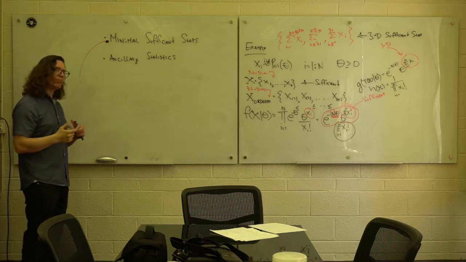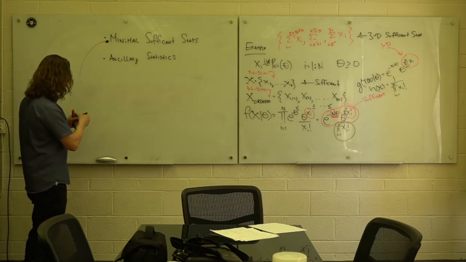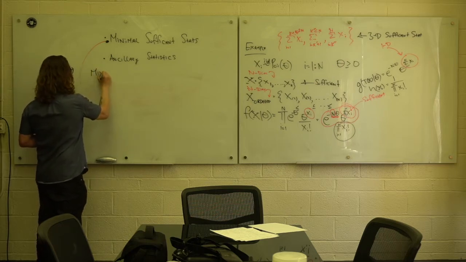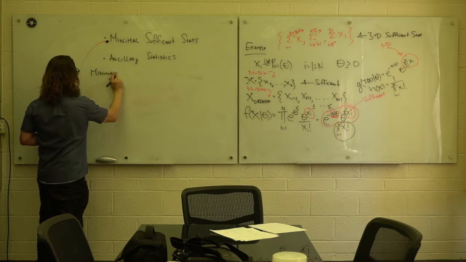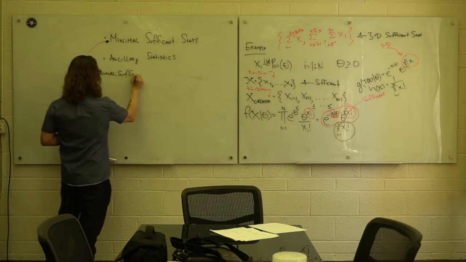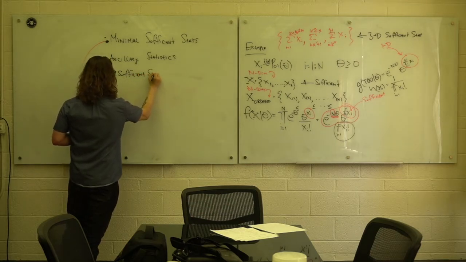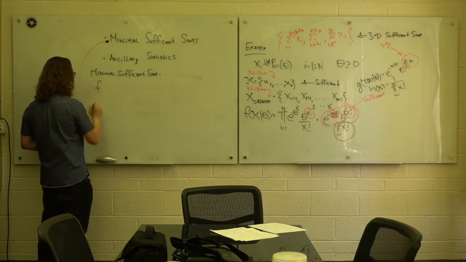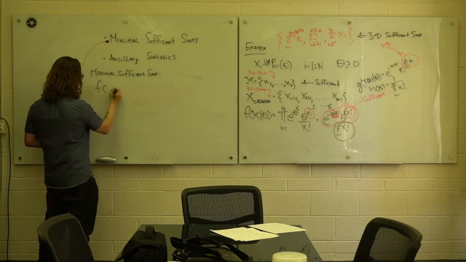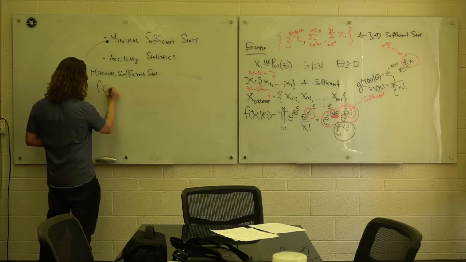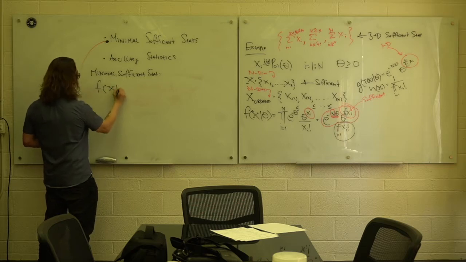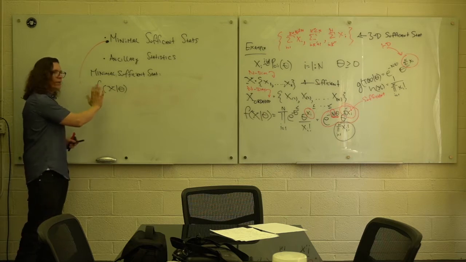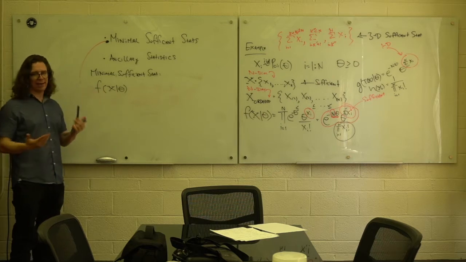Okay, so let's write down what the book says for a minimal sufficient stat. So this is a more usable definition. So minimal sufficient stats. So here's our definition. If I take f of x given theta, so I'm just thinking about an arbitrary distribution, theta is arbitrary, x is arbitrary in joint form, and f is arbitrary.